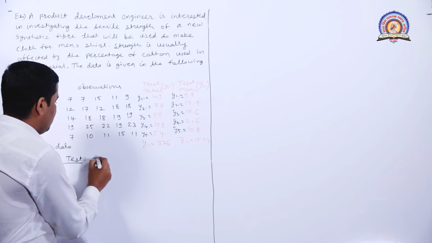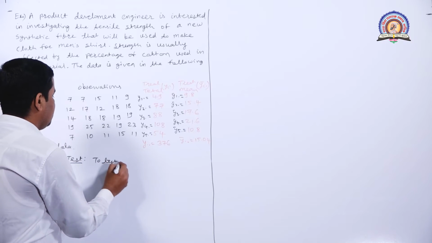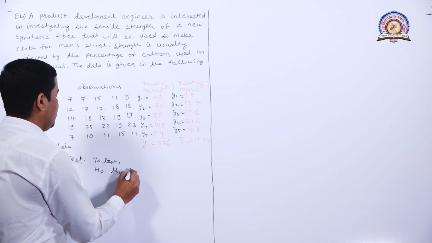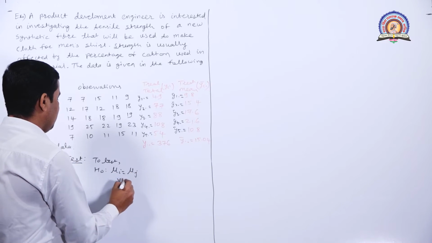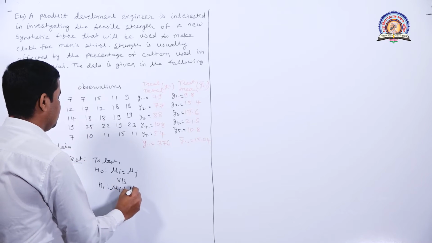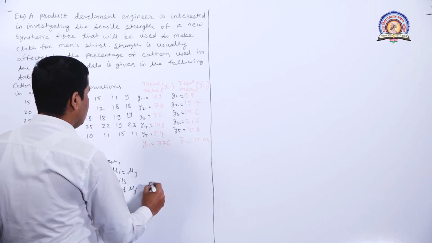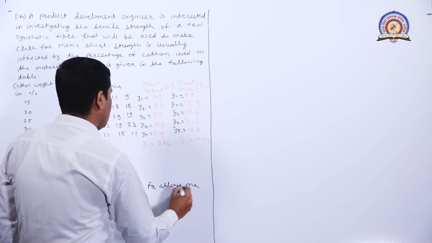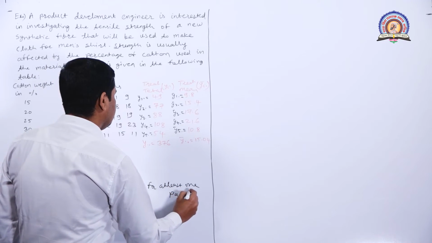In Tukey's test, H0 is mu i equal to mu j versus H1 is mu i not equal to mu j for at least one pair i comma j.